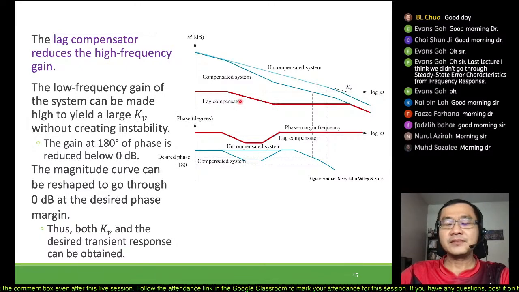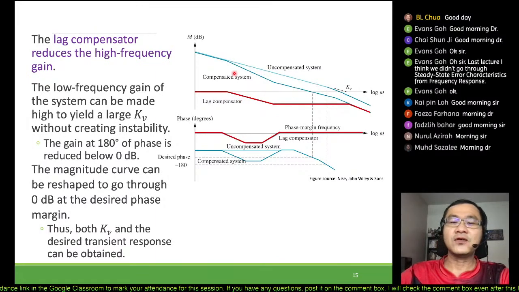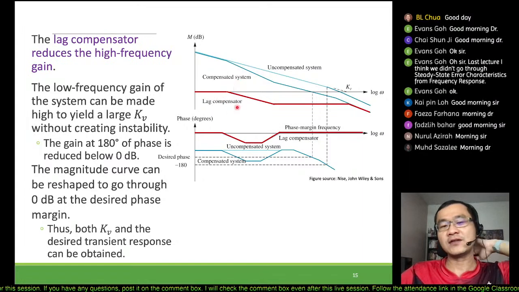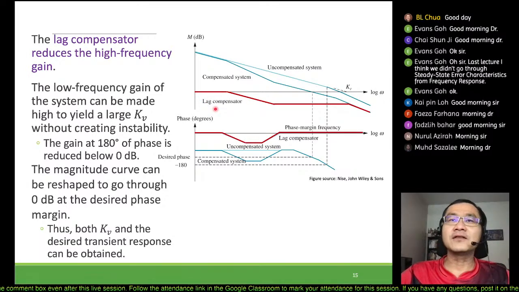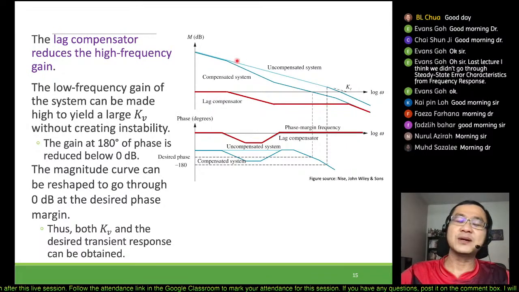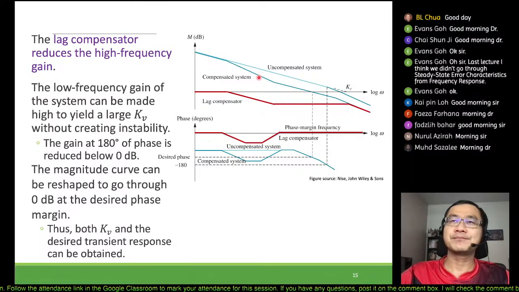As we know, for the total system, when we draw the Bode plot, we can total the components up. So when you have a lag compensator as an additional component of the Bode plot itself, you can do a minus and plus to your diagram.